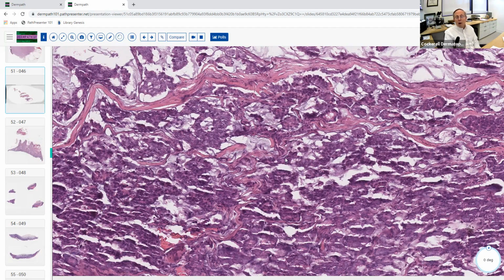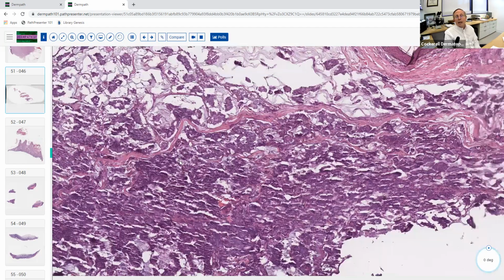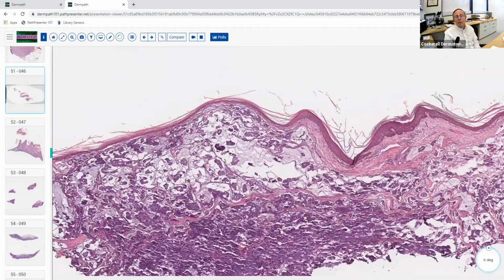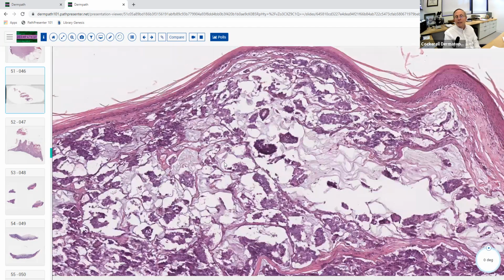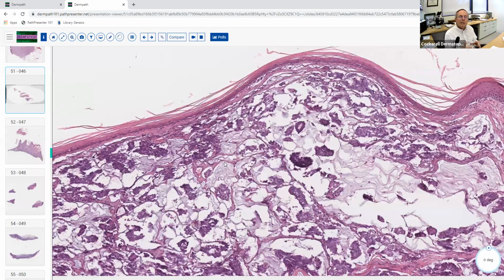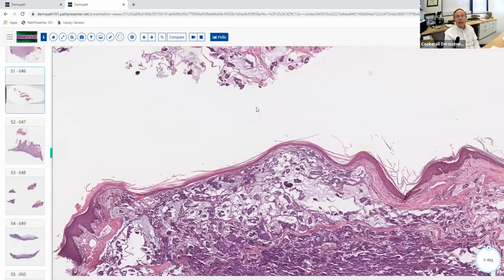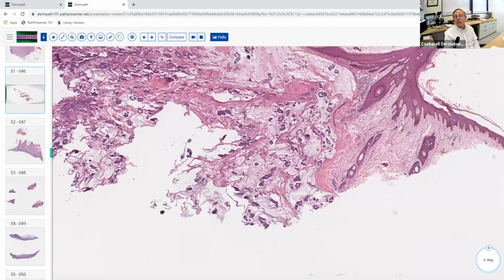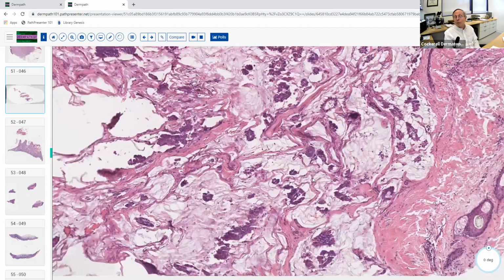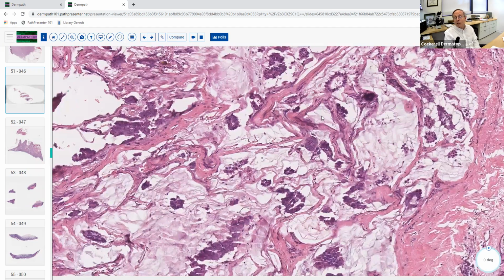So the problem arises when we have to deal with the differential diagnosis of a possible metastatic mucinous carcinoma and a primary mucinous carcinoma of the eccrine gland unit. Sometimes you have to do a workup. If you're not sure, you say, I can't be 100% sure that this isn't a metastatic lesion, so we often have to work the patient up to see if they've got an underlying carcinoma.